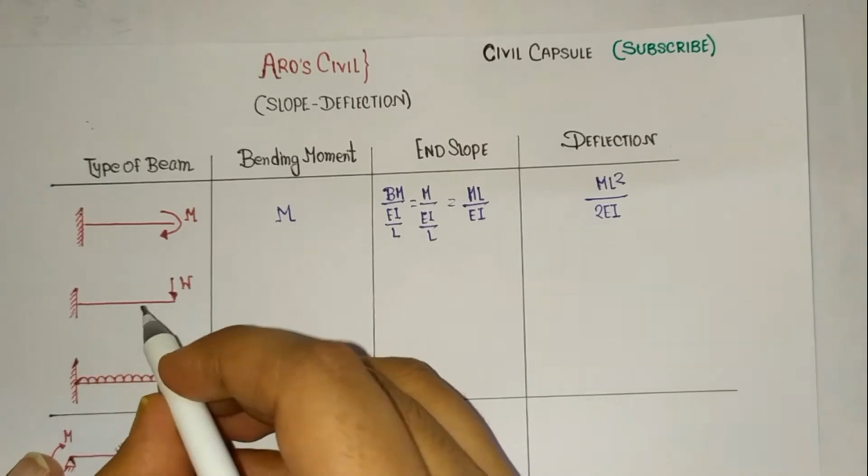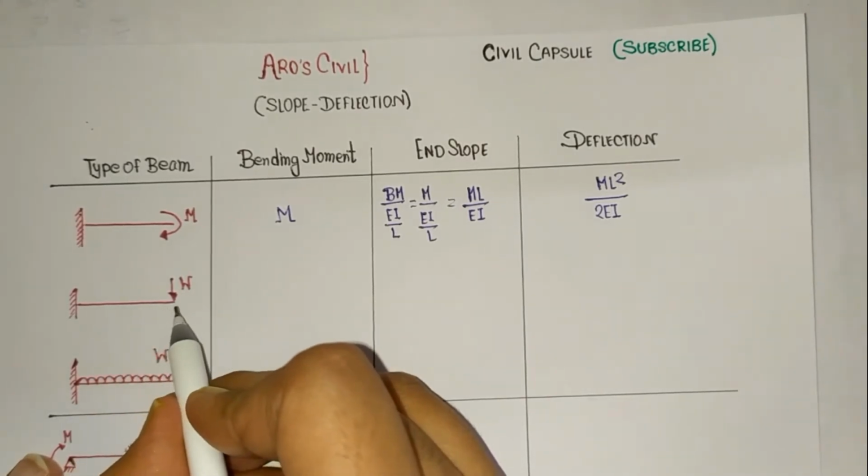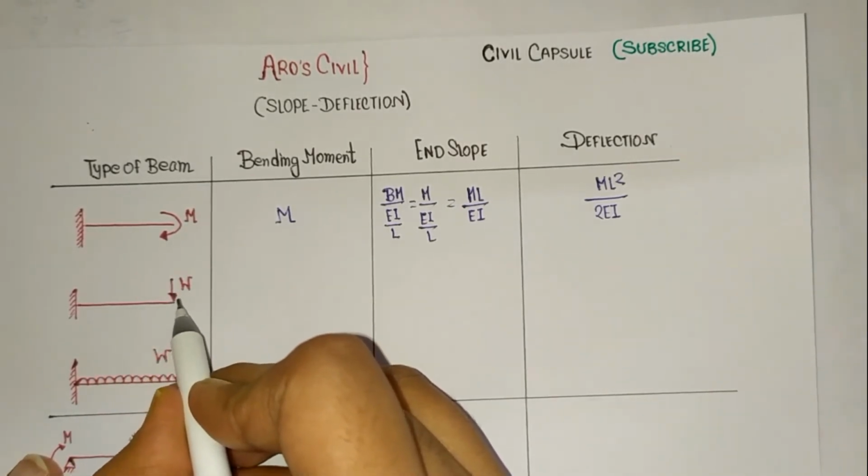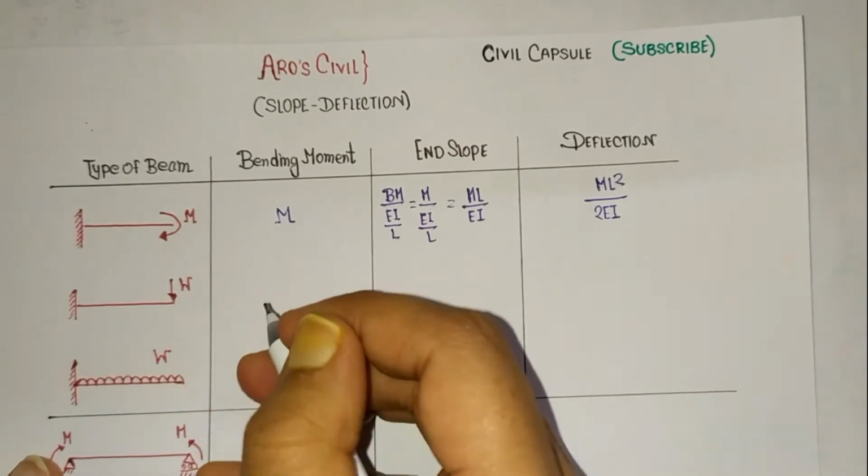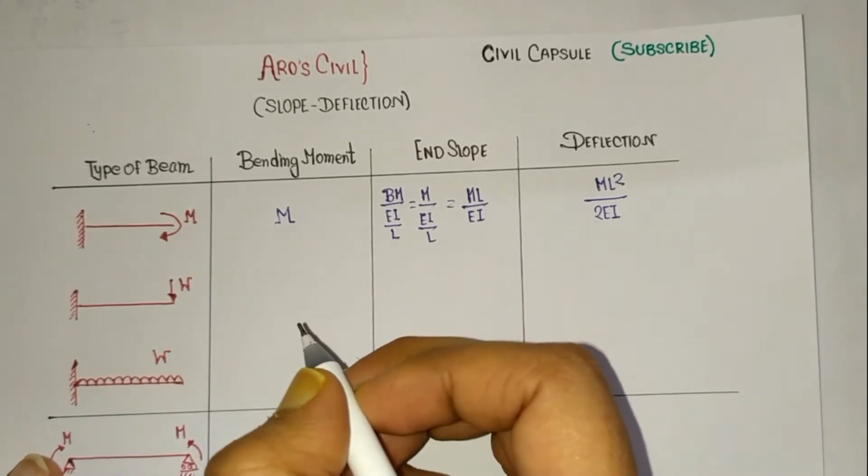Now in this case it is a cantilever beam. At the end a concentrated load W is acting. So what is the bending moment value?